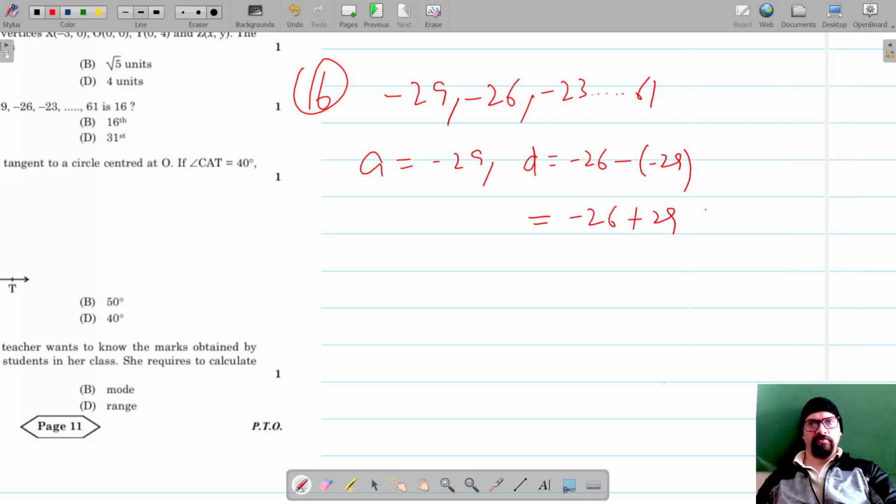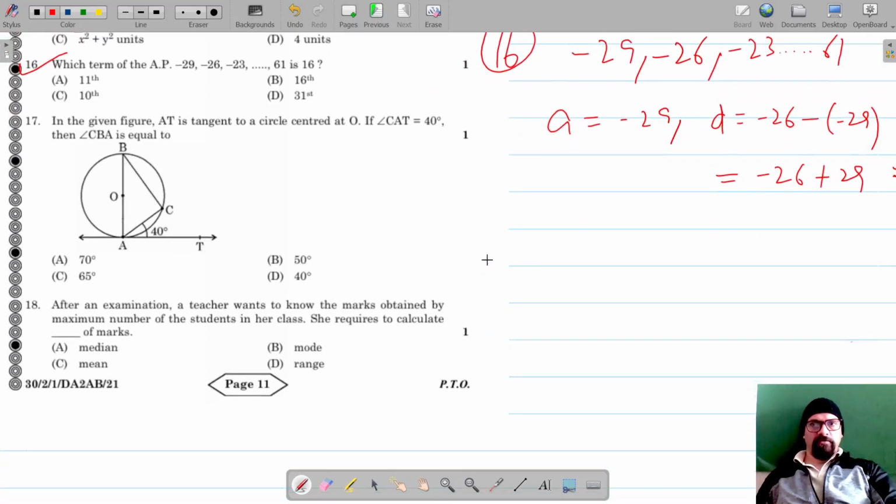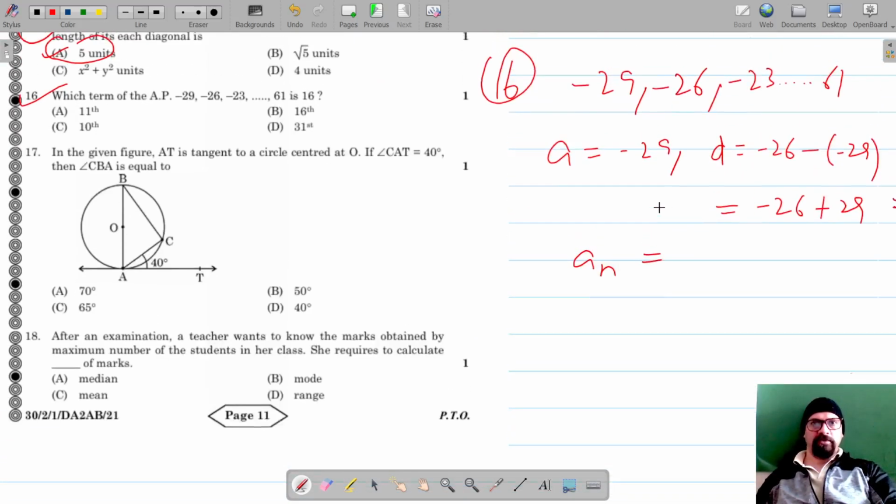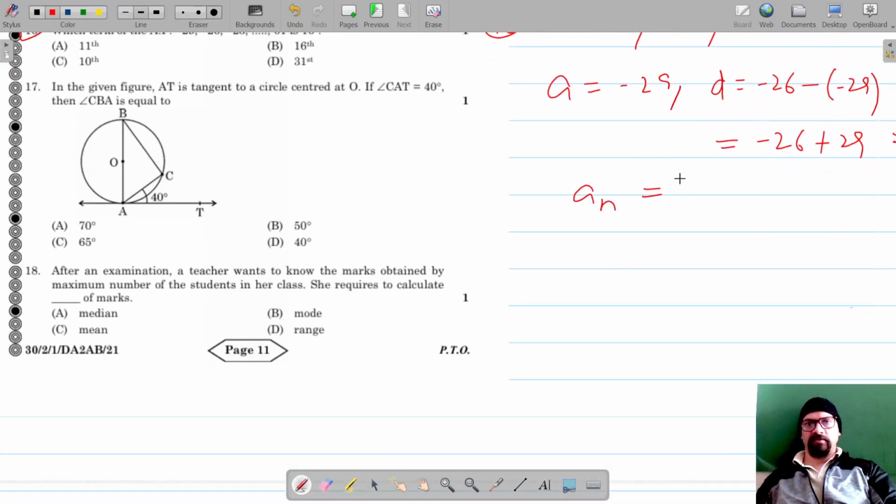Minus 26 plus 29 is equal to 3. So D is 3, and let the nth term be 16. The nth term, A plus (n minus 1) into D, is 16.